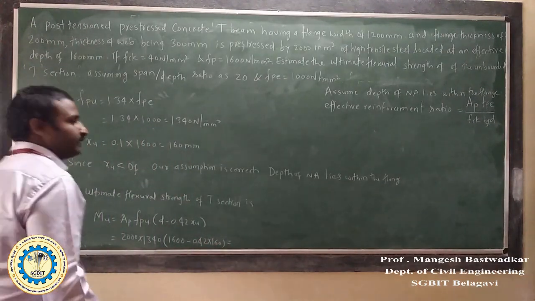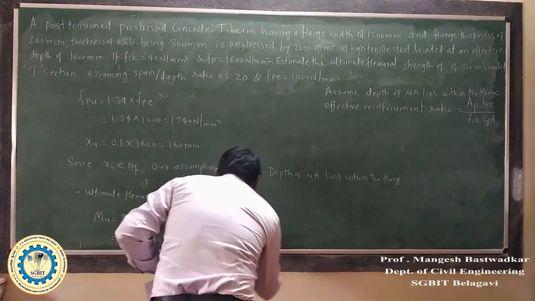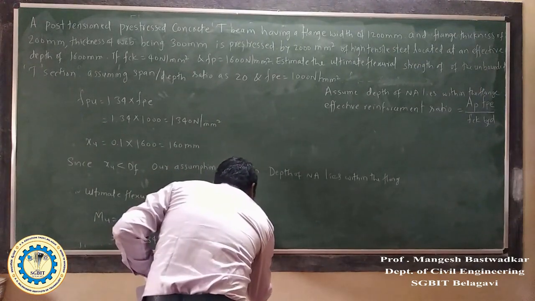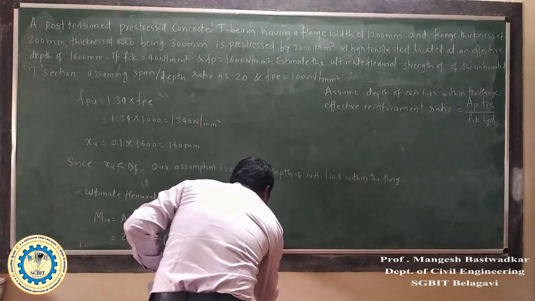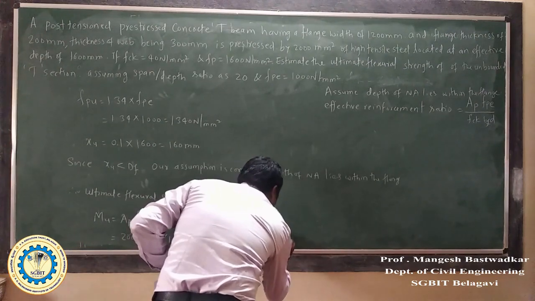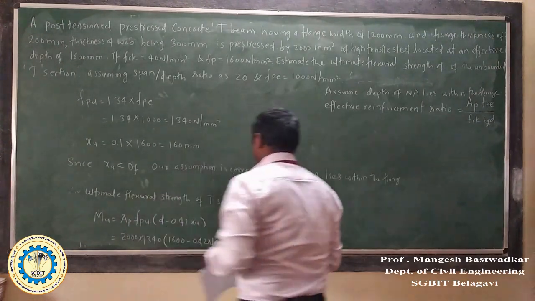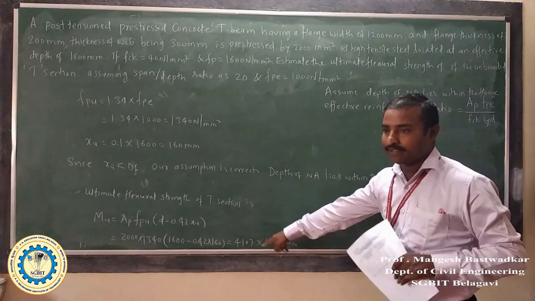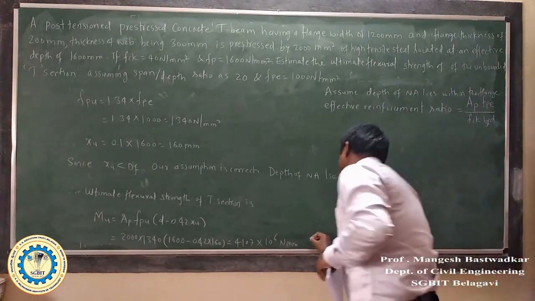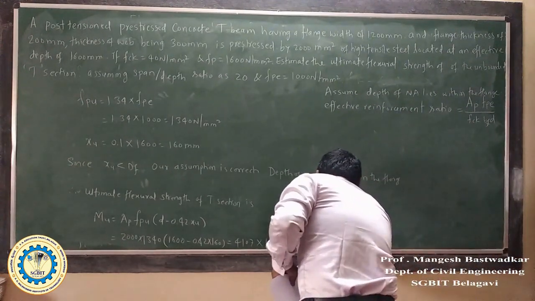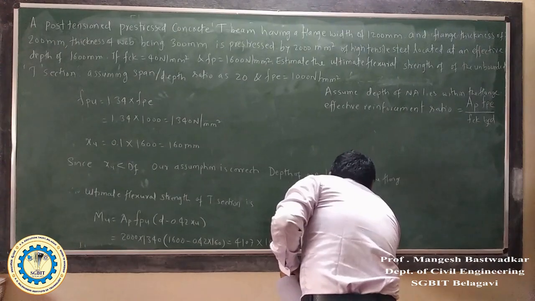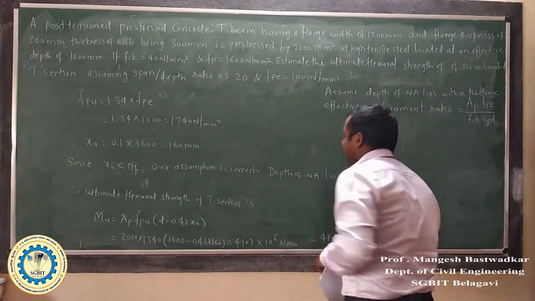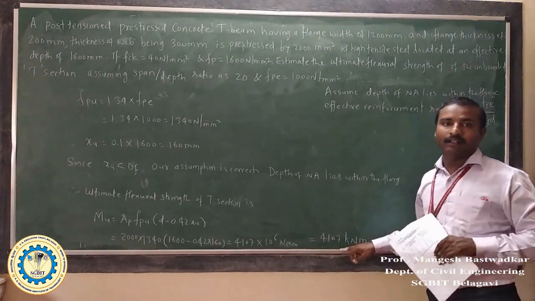So we will get 4107 into 10⁶ Newton mm. If you divide this by 10⁶, you will get 4107 kilonewton meter. This is the final answer.